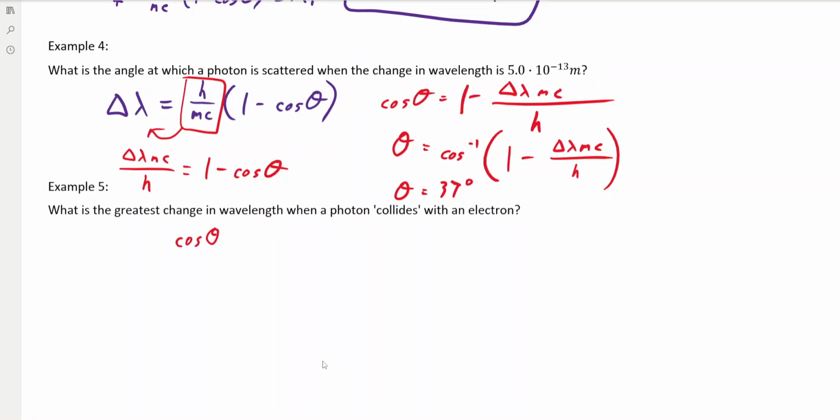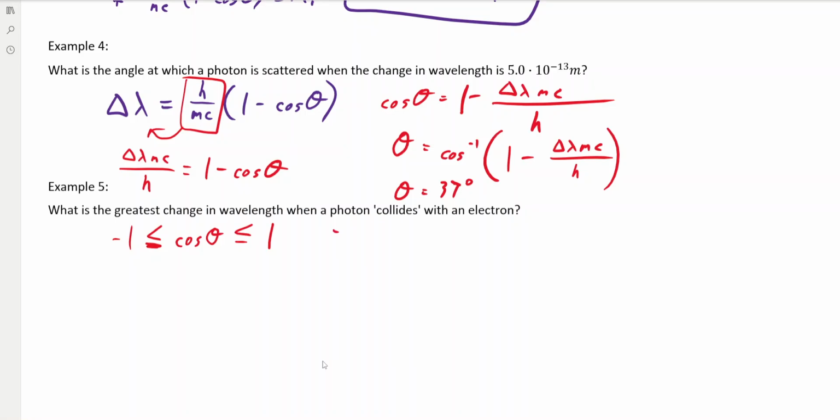Cos theta, just so we all know, can oscillate between negative 1 and positive 1: it's greater than or equal to negative 1, and less than or equal to positive 1. If cos theta is negative 1, then the inside of that bracket becomes positive 2.